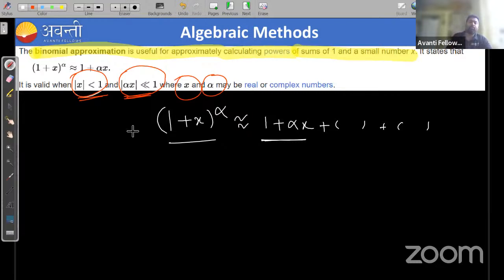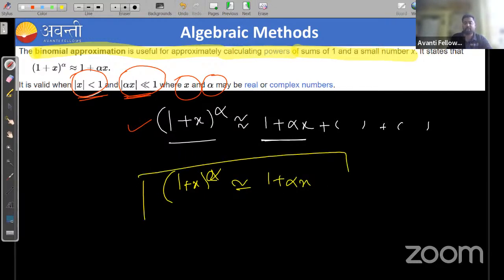So remember, when you have 1 plus x to the power alpha, this is approximately 1 plus alpha x. Remember these things, and we will use them to solve the questions.